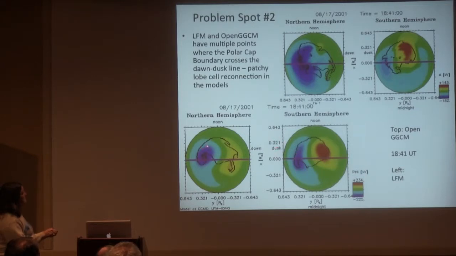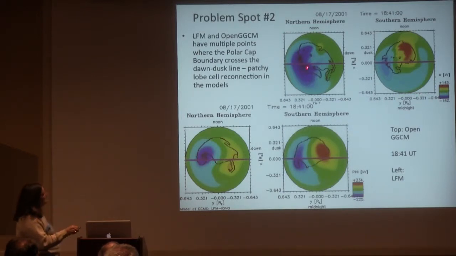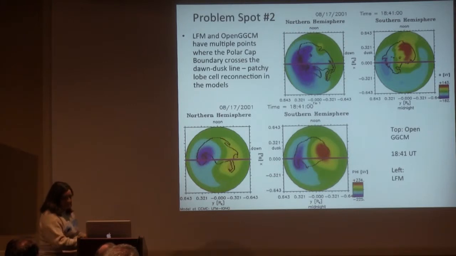So the presence of this lobe cell is what is causing this tremendous distortion of the open-closed boundary on this side in this model, and probably also in these as well.